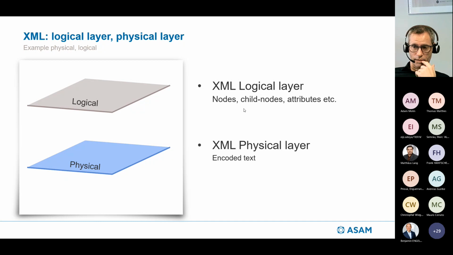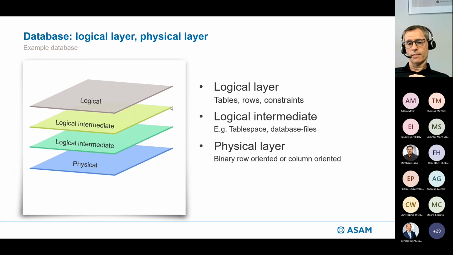Many of the XML editors support the logical level, which means they give you a tree of nodes. It's similar with a database, with a logical layer and a physical layer.